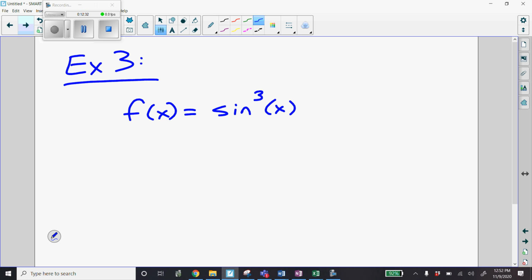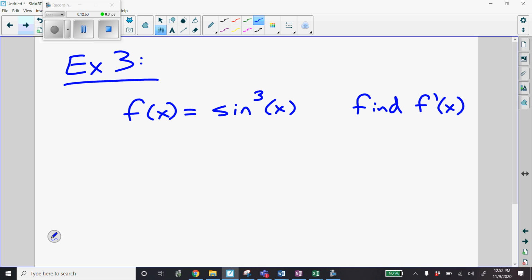Okay, so let's say f of x is sine cubed of x. Find f prime of x. Now, this notation here, we're probably used to seeing it, but it's important to remember what that means.